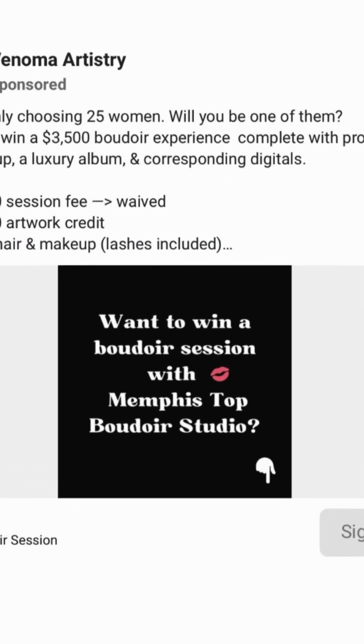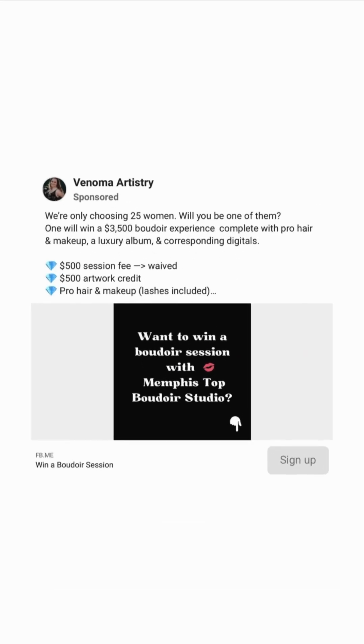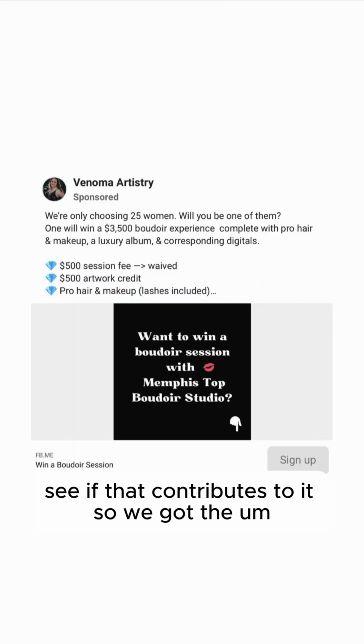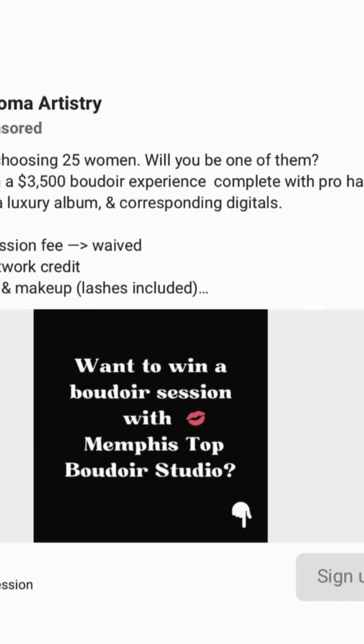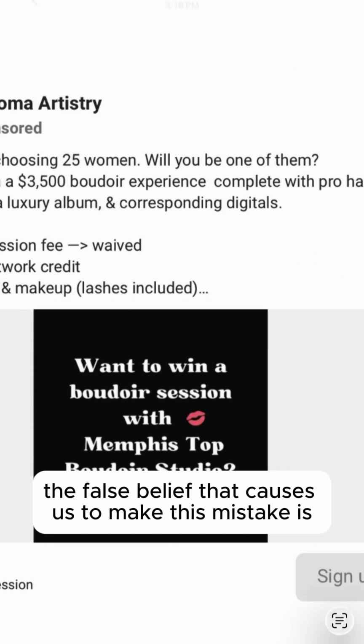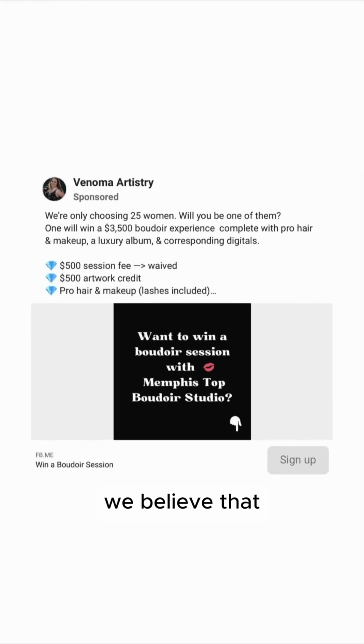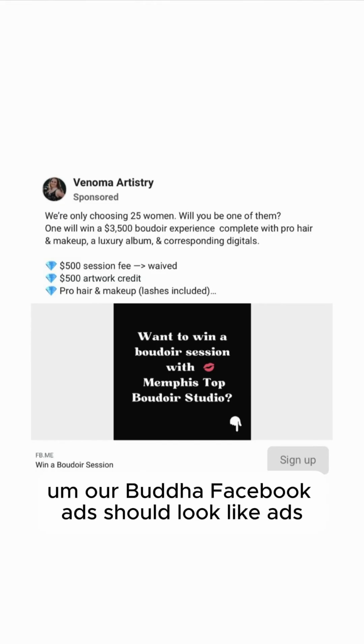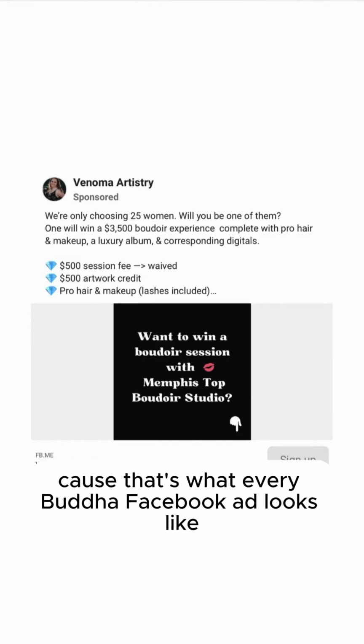Next, we look at the creative, the photo, to see if that contributes to BLCS. So we got what looks like an ad mistake here. The false belief that causes us to make this mistake is we believe that our Boudoir Facebook ad should look like ads, because that's what every Boudoir Facebook ad looks like.